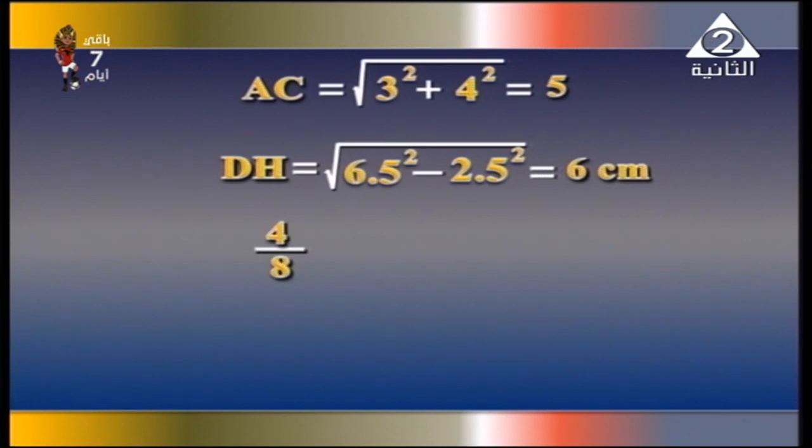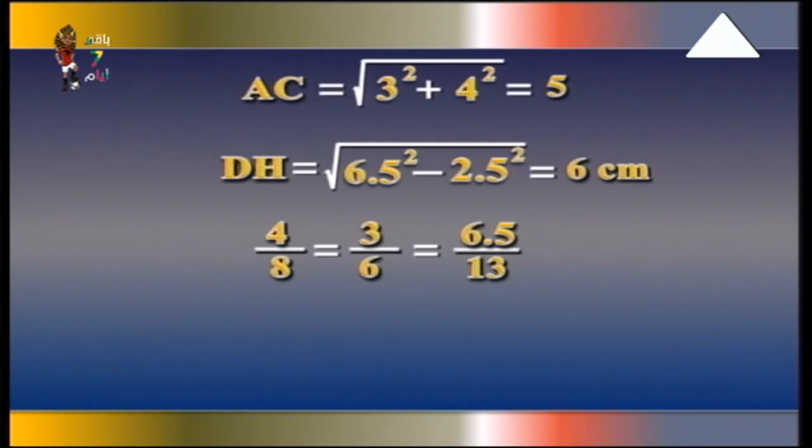Then we know that 4 over 8 equals 1/2, 3 over 6 equals 1/2, 6.5 over 13 equals 1/2. If we divide the length over the force for each of the forces, the answer is the constant 1/2.